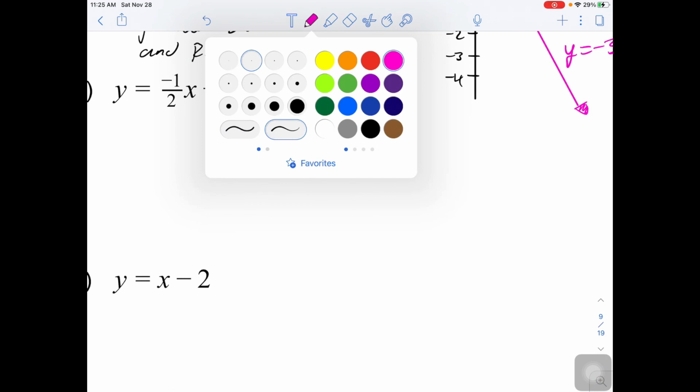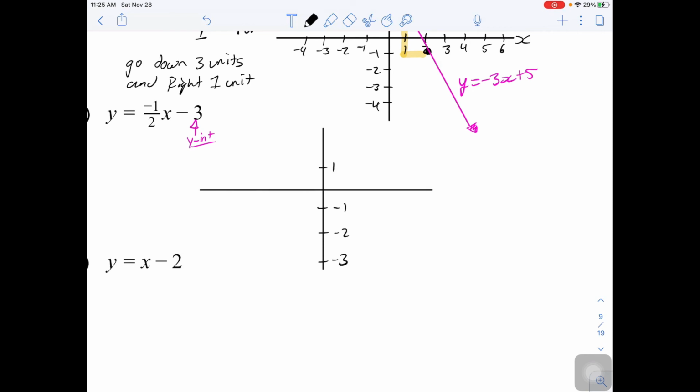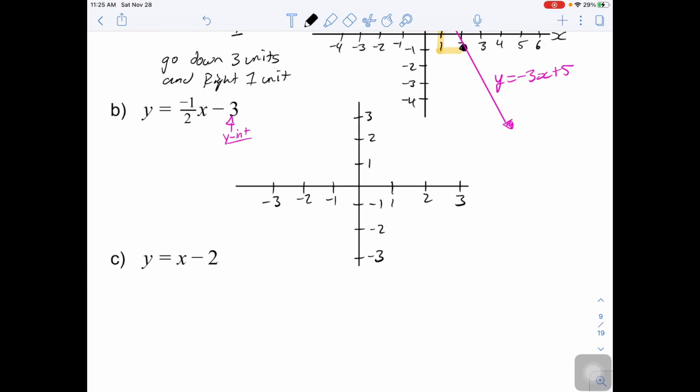Okay, so if we create our graph here, I will go -1, -2, -3, 1, 2, and then 3, -1, -2, -3, 1, 2, 3. Now we can start solving.